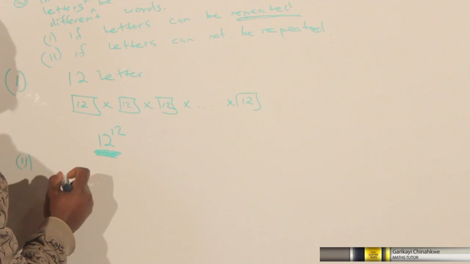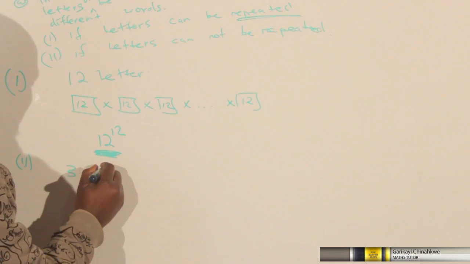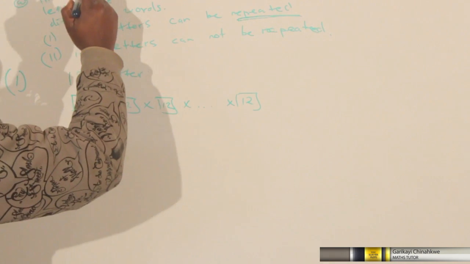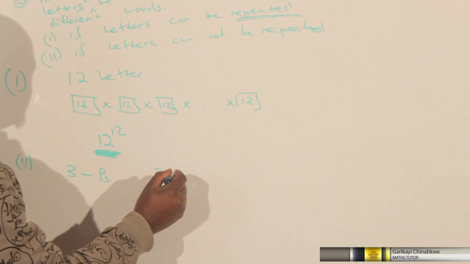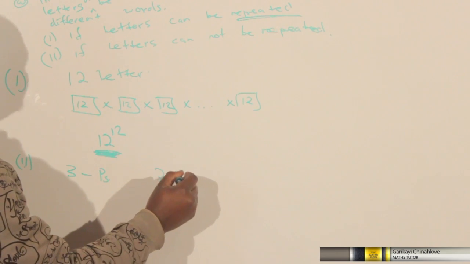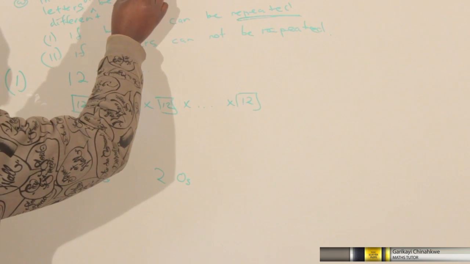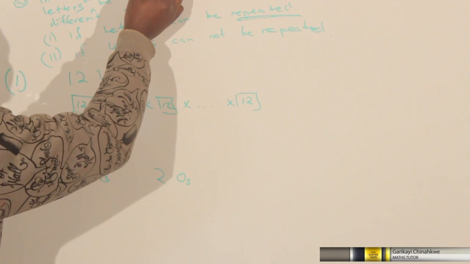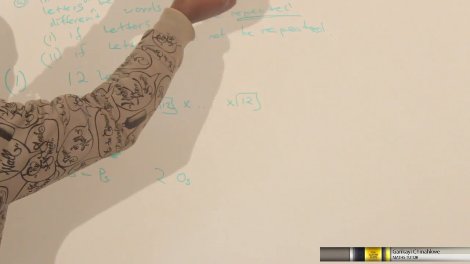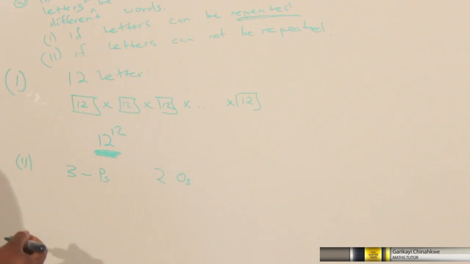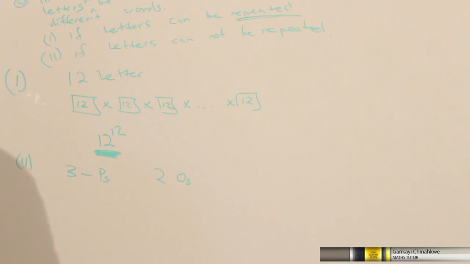You know that you got 3 P's. And then how many O's? We've got 2 O's. How many T's? Only one. How many A's? One. How many M's? One. How many U's? One. How many S? It's only one.